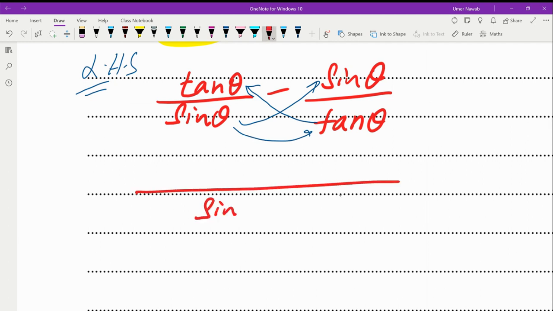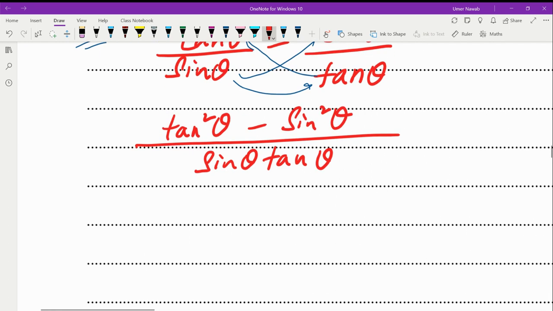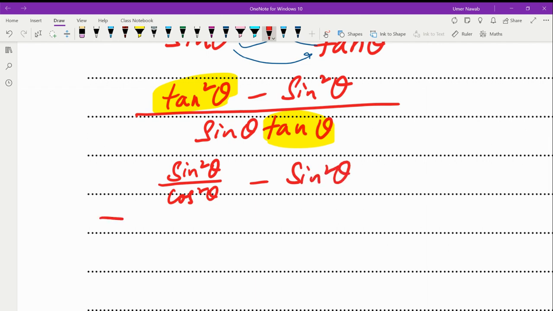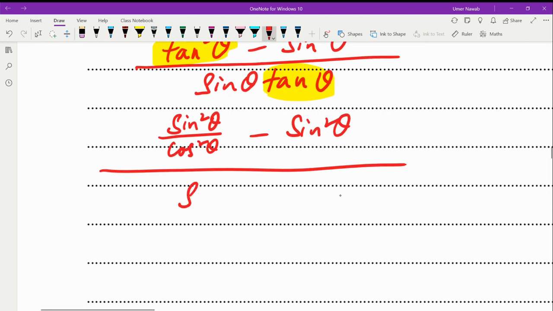So sine theta is multiplying with tan theta. Tan and tan, when you multiply them you get tan squared, and sine and sine together give sine squared theta. Now the quotient identity comes into action because I have tan. I don't want this tan, so this tan squared should be replaced with sine squared theta over cosine squared theta, minus sine squared theta came as it is over sine theta times, what is my tan?